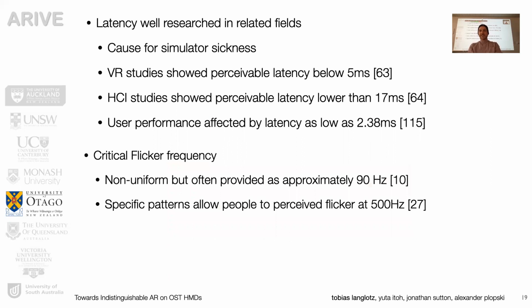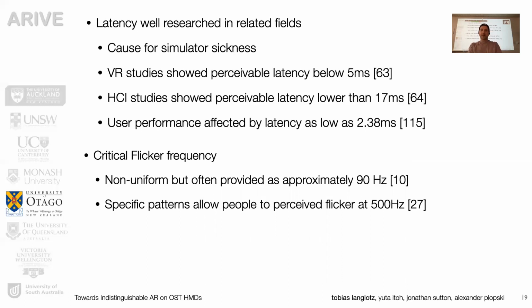At the same time, there is flicker, which is another temporal effect. Those of you who are old enough to still know the old CRT screens knew that they were quite susceptible to flicker, and that can be really annoying. Nowadays displays are better, and normally we say that we should aim for 90 Hertz, even though this critical flicker frequency, what we perceive as flicker, is not uniform.